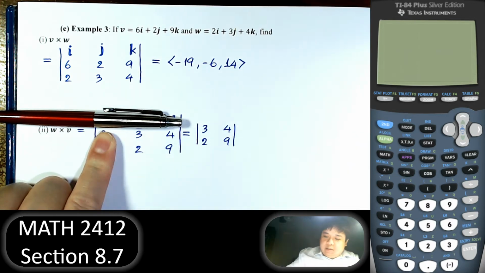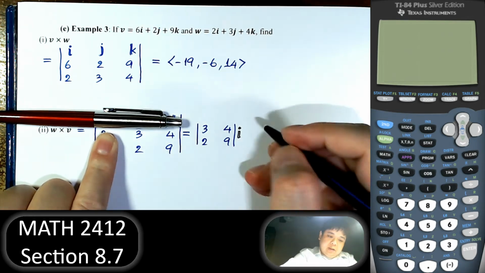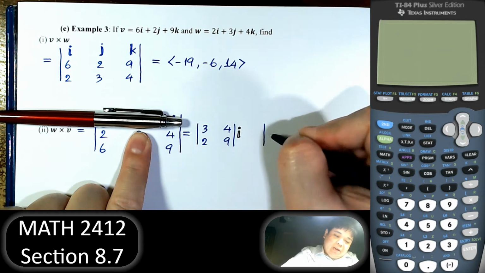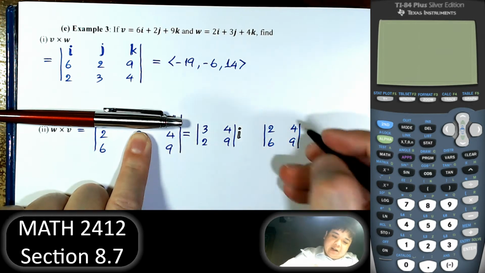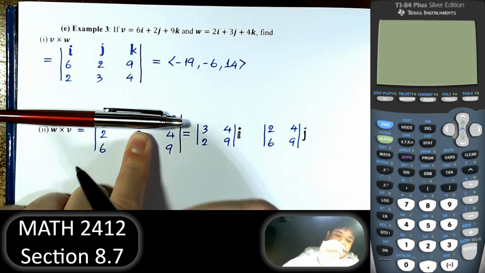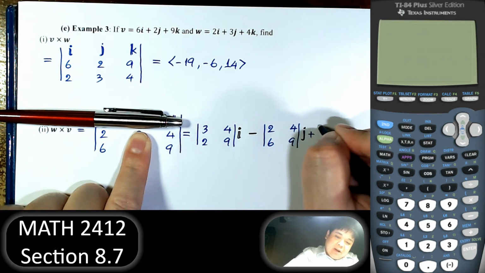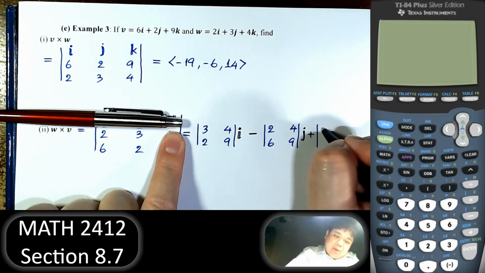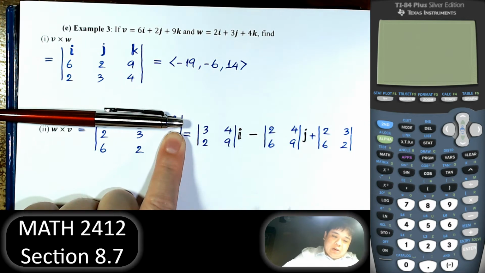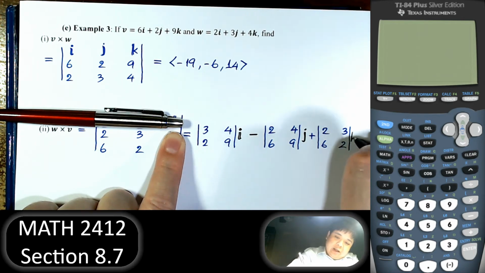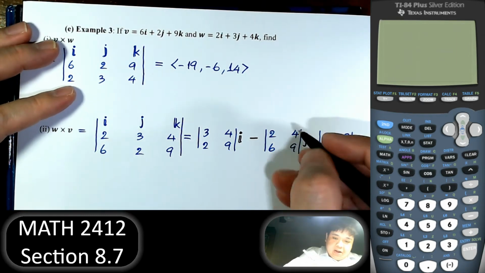That is the I component. And then next, we have 2, 4, and 6, and 9. That is the J component, but the sign will be minus. And then we have plus 2, 3, 6, and 2 in the K component, and that is a plus.